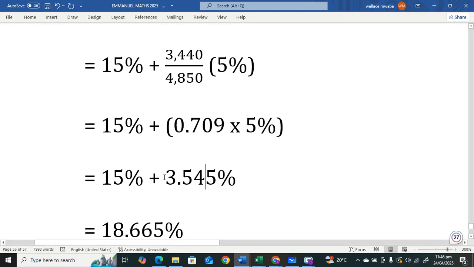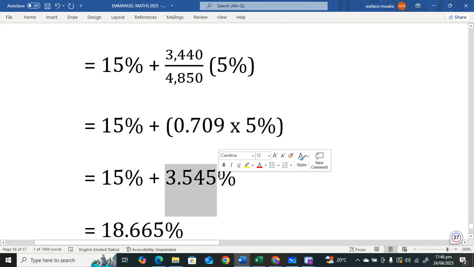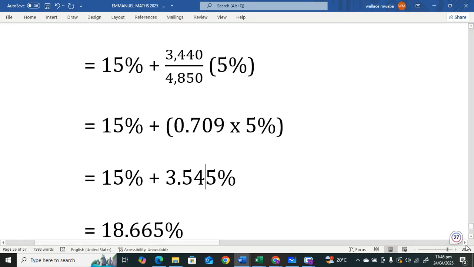Yes, just write it like this, colleagues. Why are we converting into decimals here now? Then you just add 15 plus 3.545.